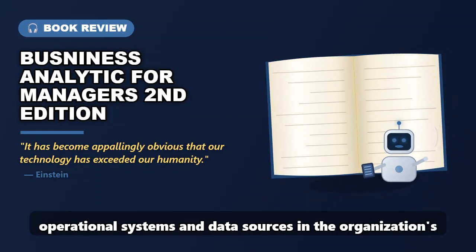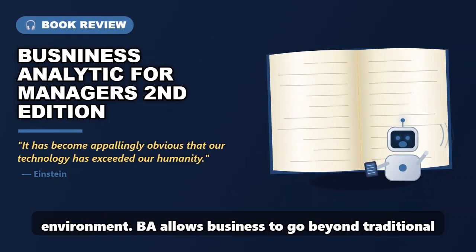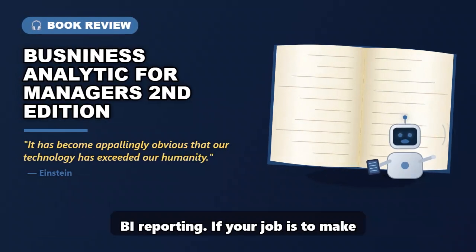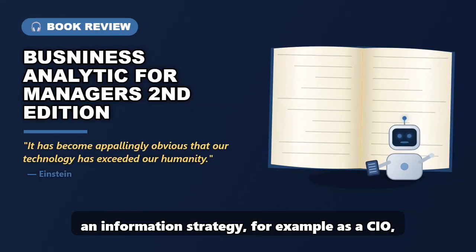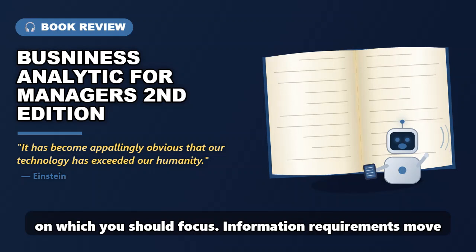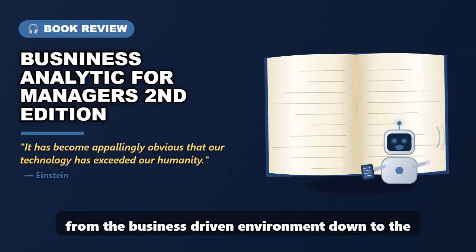In Chapter 6, we discuss the different operational systems and data sources in the organization's environment. BA allows business to go beyond traditional BI reporting. If your job is to make an information strategy, for example as a CIO, the model comprises all the stakeholders and processes on which you should focus.